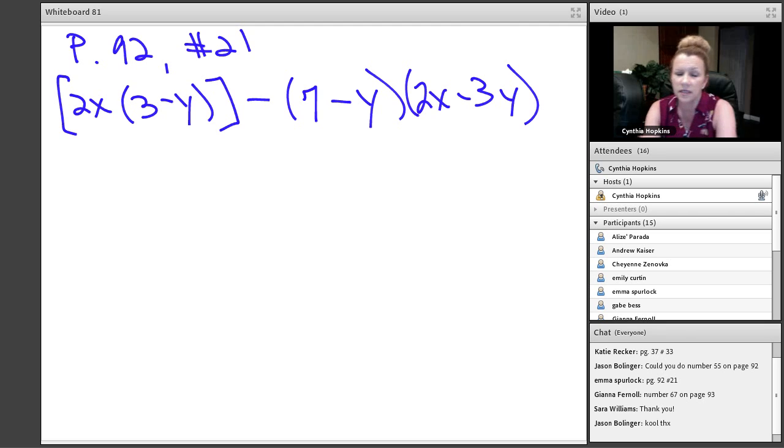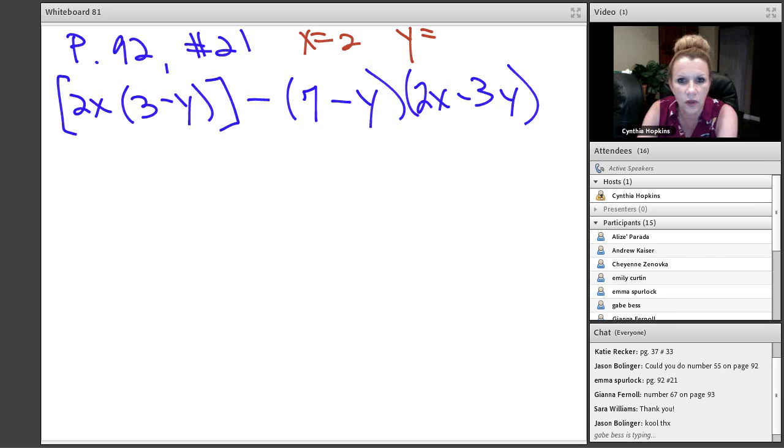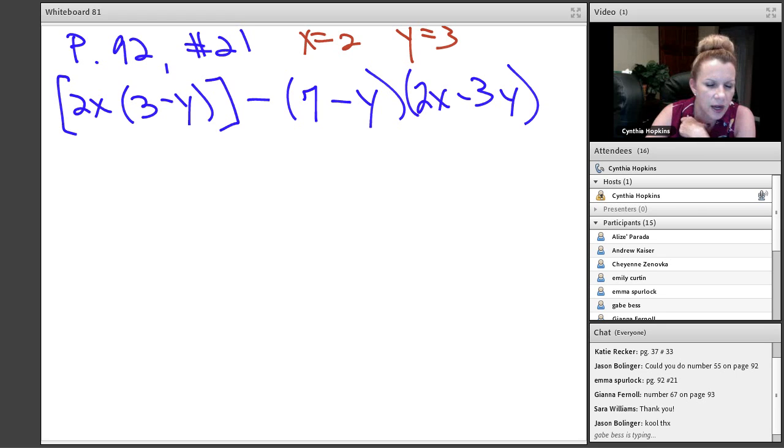Okay, parentheses and brackets are very important here. Let me see what we're substituting. This in red. So we want x to equal 2 and y to equal 3. Okay, so I'm just going to write a 2 in red here for this x. Y is 3.